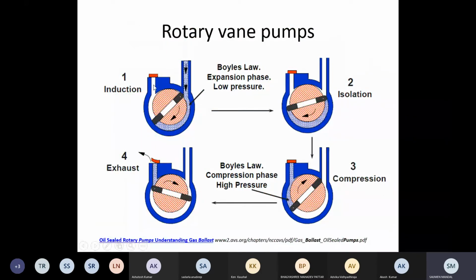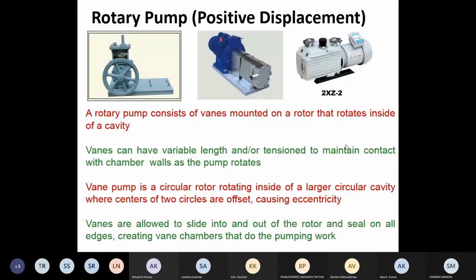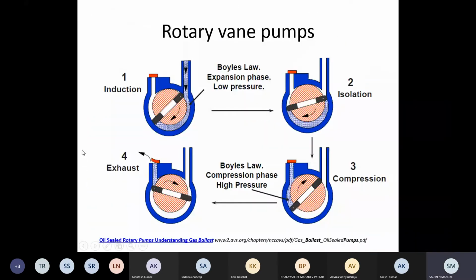So initially, what happened? You can see there is a piston movement, and in this position the inside is connected to the chamber.